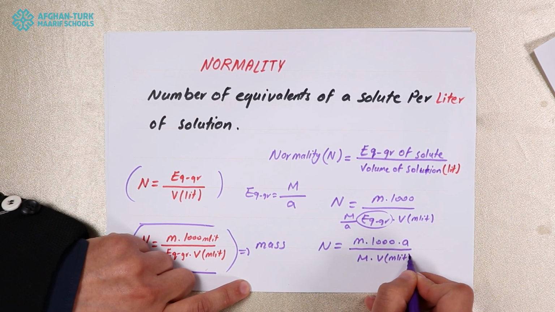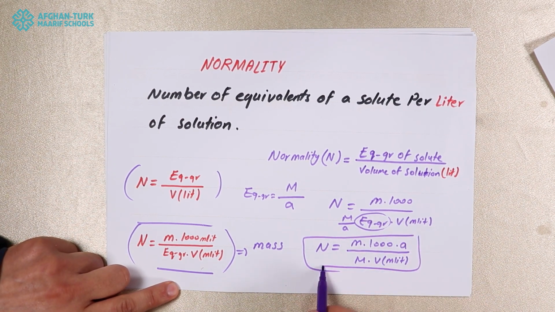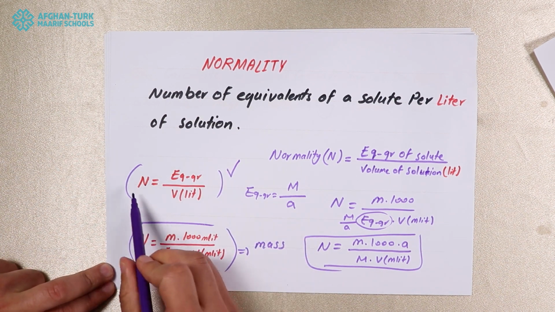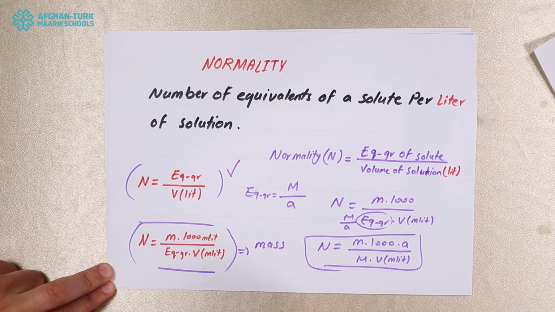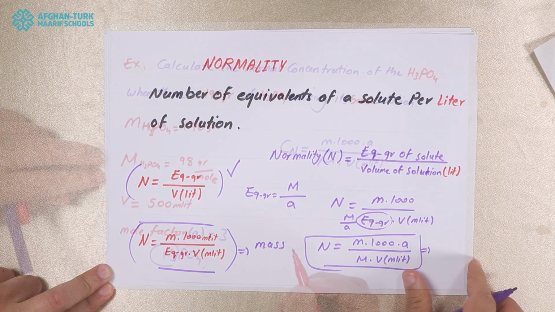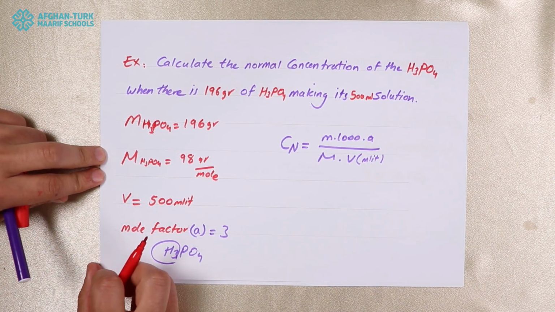The volume in here is in milliliters. I think it is a simple formula for solving the question. It is not necessary to solve your question in two parts. In here, we have two formulas: one according to the equivalent gram, and another according to the mass. Okay, let's do an example on the concentration of normality.